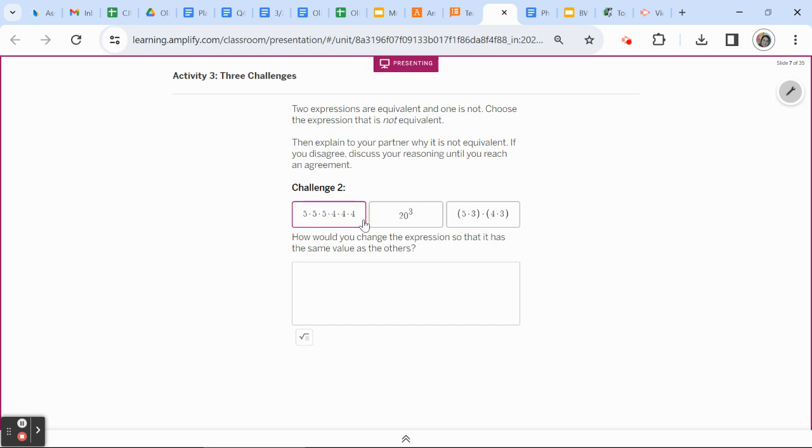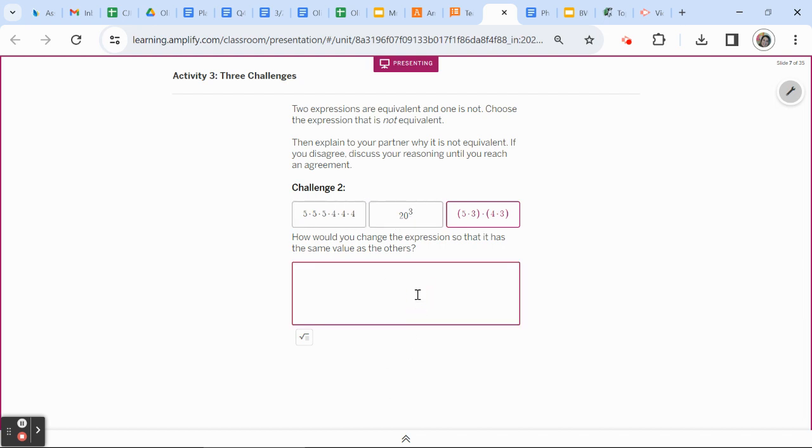Once we get farther down the line, the one that does not belong is this one, because they're not really to the third power. They're just times 3. Whereas this is 5 to the third power and this is 4 to the third power. Then what you would do is take 5 times 4 and keep your third power. So that's why those two would be the same.